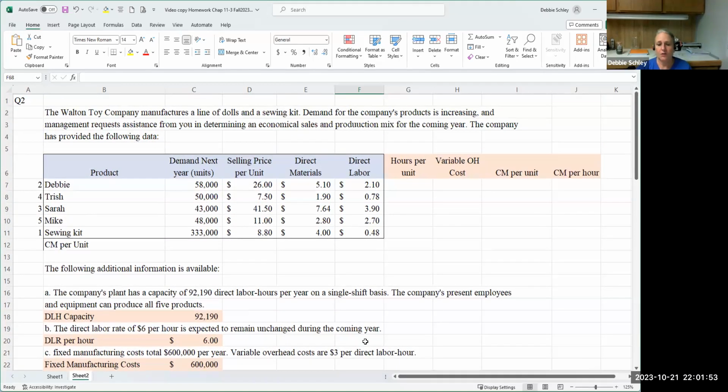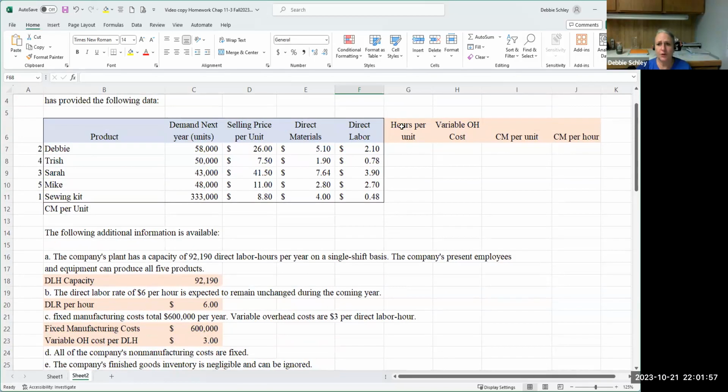Okay, so how do I figure out how many hours per unit it takes to make a unit of Debbie, Trish, Sarah, Mike, and a sewing kit? You quite simply take, let me make sure, I believe it's the direct labor cost divided by the cost per hour, right?